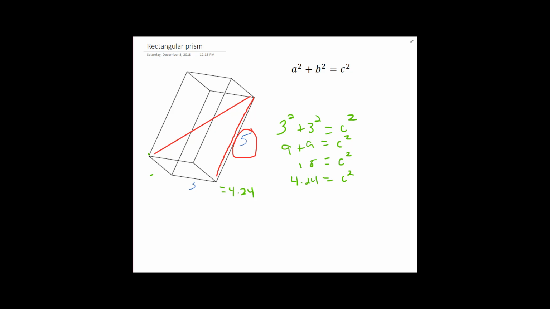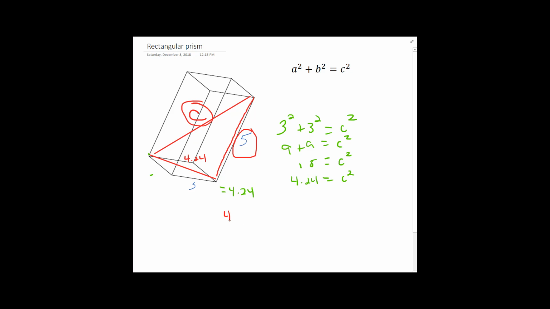So now we know that this line from here to here equals 4.24. Now we have our 2 legs. We have 4.24 and we have 5, and now we can find c, which is what we're looking for.